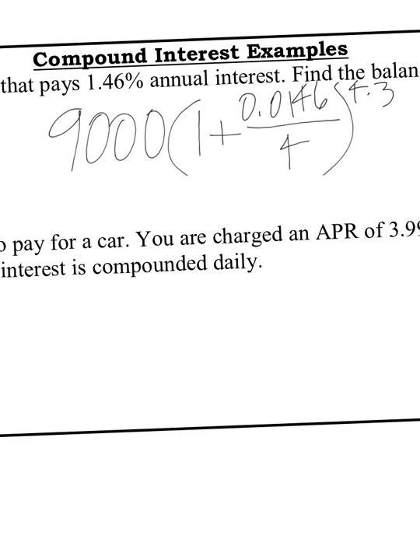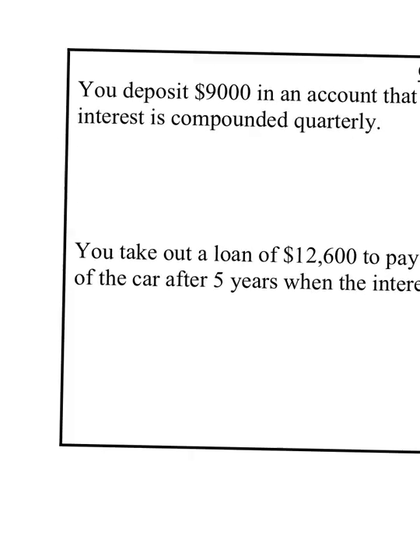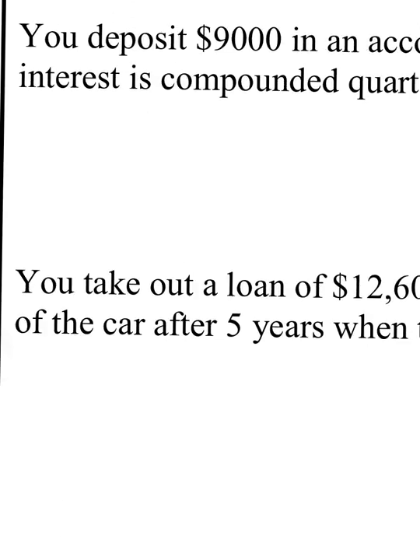Before you type it in, though, you want to make sure your calculator is set so that it can handle more decimal places, because when we deal with dollar amounts, we need 2 decimal places, and the bigger the number, the less decimals the calculator is going to show you, okay? So you want to make sure you know how to adjust the settings of the calculator.